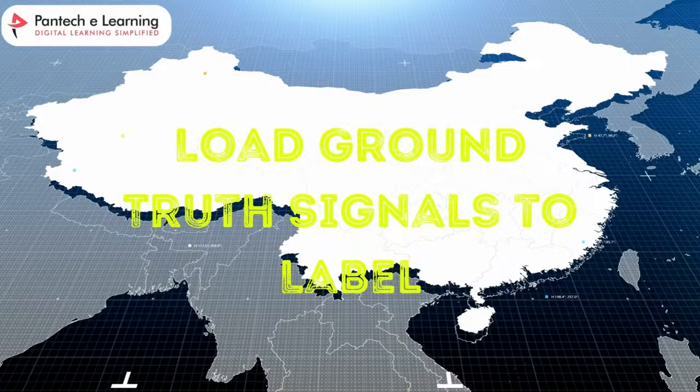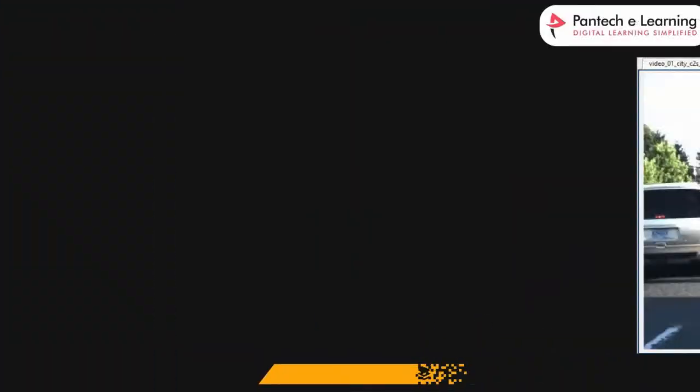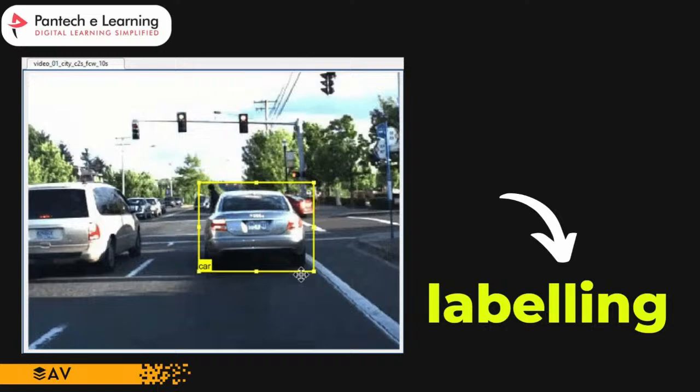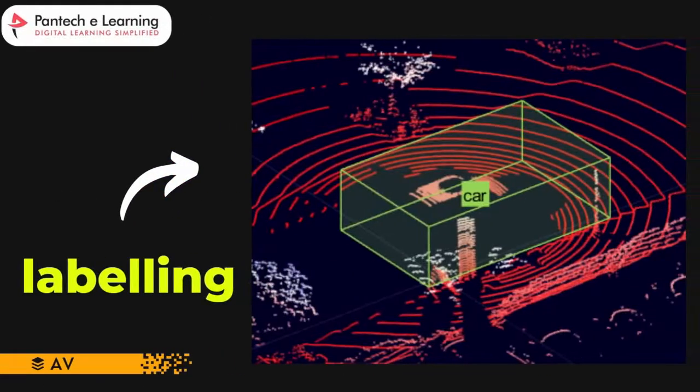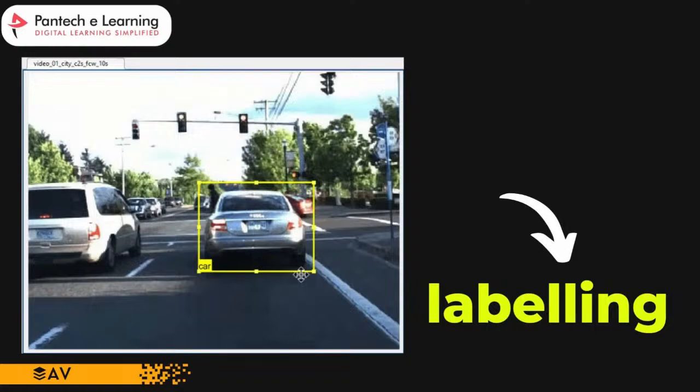So first of all, we should know what is labeling. Here this is the video sequence labeling and this one is the point cloud sequence labeling. I will tell you one by one. Mainly, this labeling step is specifying the categories, the classes of objects you want to identify in that video or any point cloud sequence.